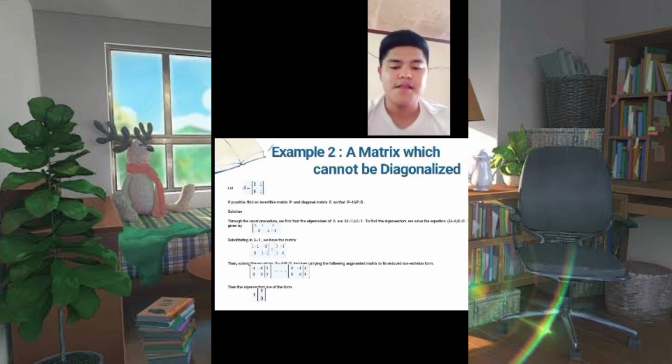If possible, find the invertible matrix P and diagonal matrix D so that P inverse A P equals D. Through the usual procedure, we find the eigenvalues of A. To find the eigenvectors, we solve the equation.